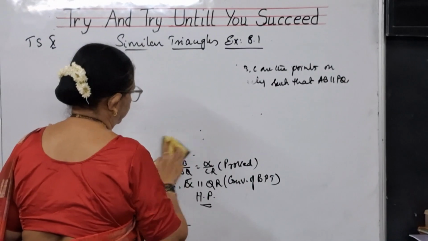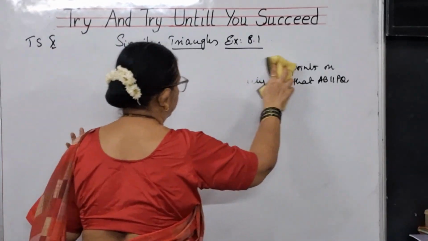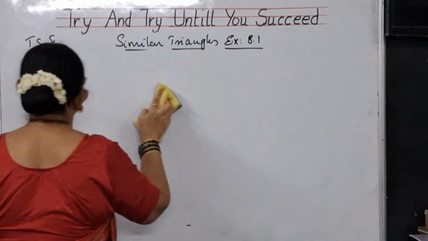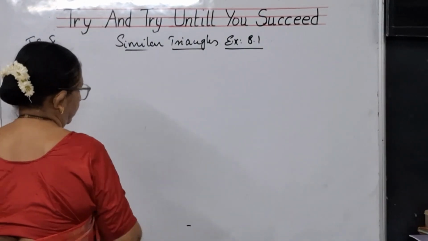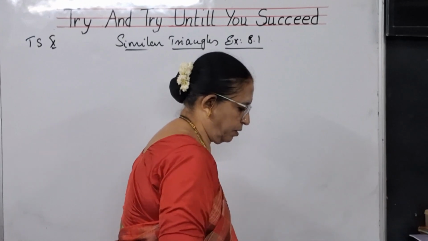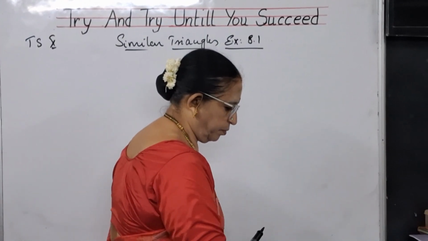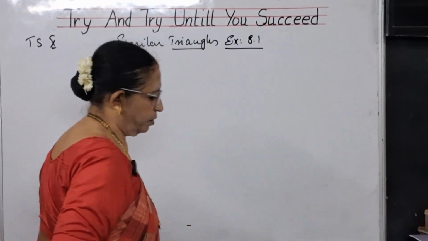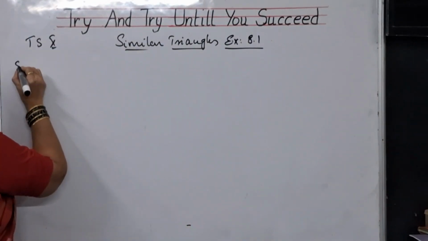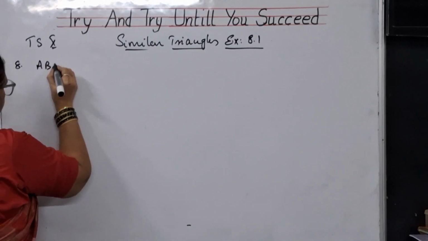Now, let us see eighth sum. Eighth sum, ABCD is a trapezium.